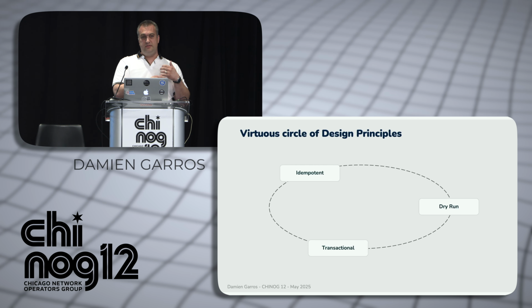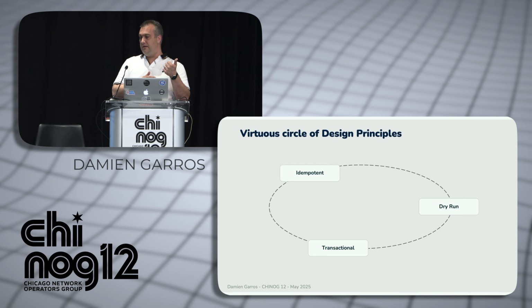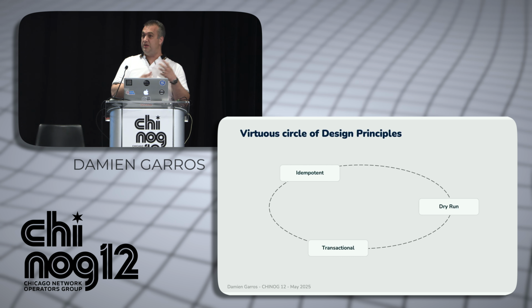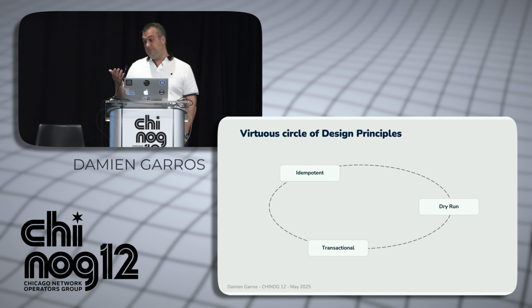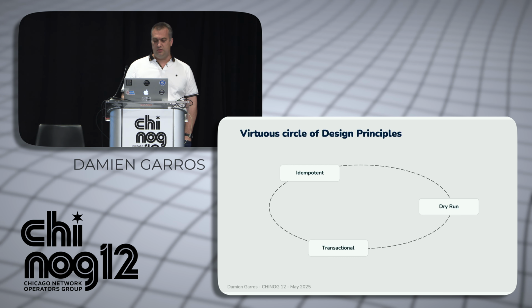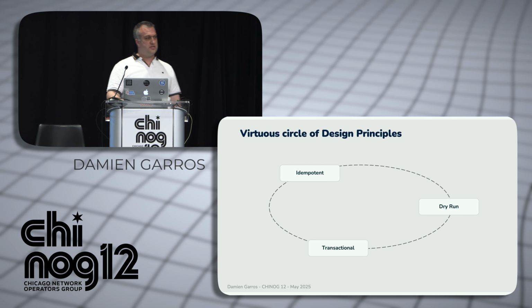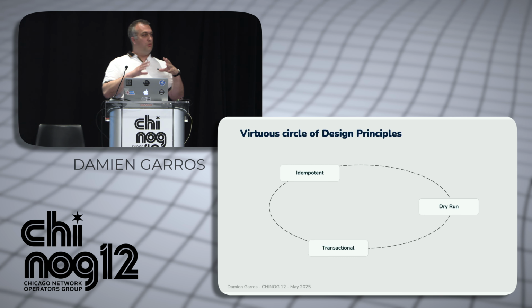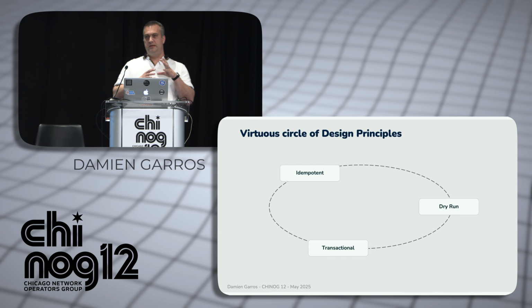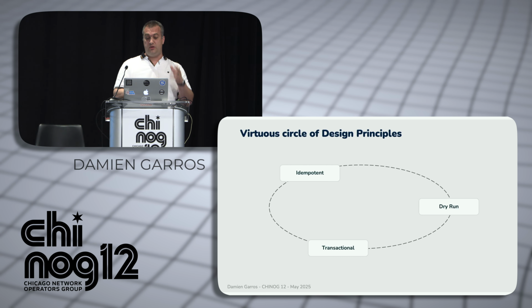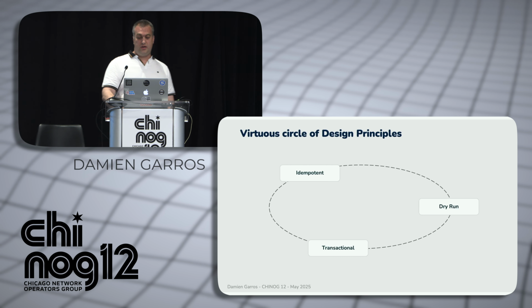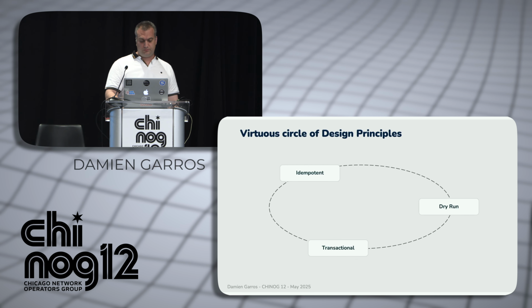Terraform is by definition idempotent and it provides the dry run because it has this state approach. And I'm not sure if they're fully transactional. They could potentially leave your system in a bad state. But the point is, they're individual topics, and you could read a lot on each of them, but they're actually very connected when it comes to the implementation.